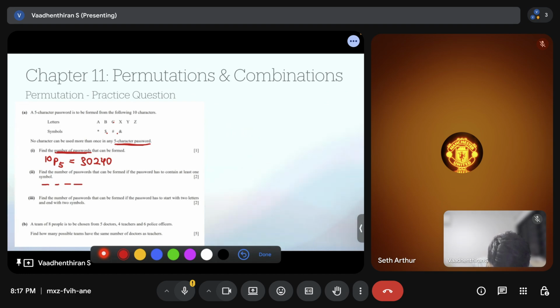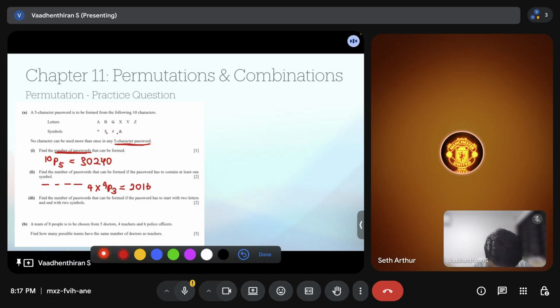One is used, so it can be in any of these places, 4 times 9P3, which is 216. This 4 tells us that the symbol we chose can be used in any of the 4 places, and 9P3 is choosing 3 characters from the rest and using them.